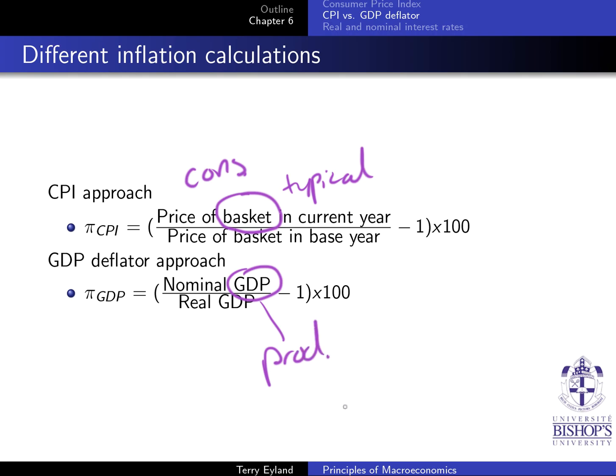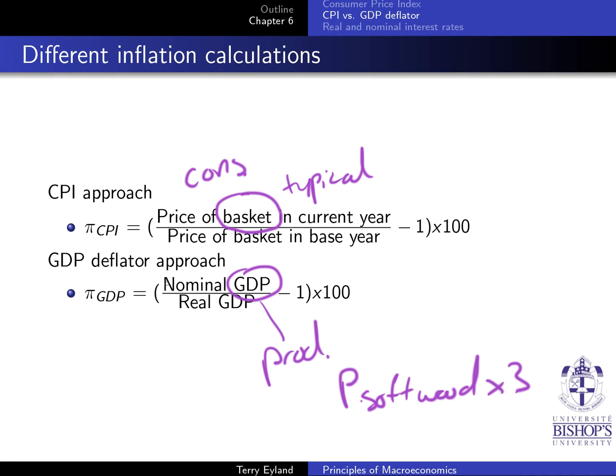So let's say that the price of softwood lumber triples. In that situation, it's going to have a big impact on GDP and then on the GDP deflator approach to calculating inflation.